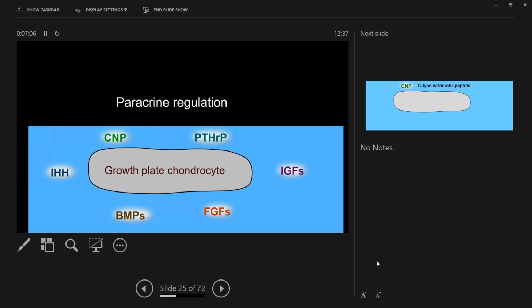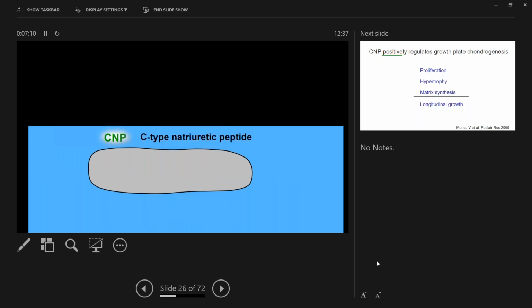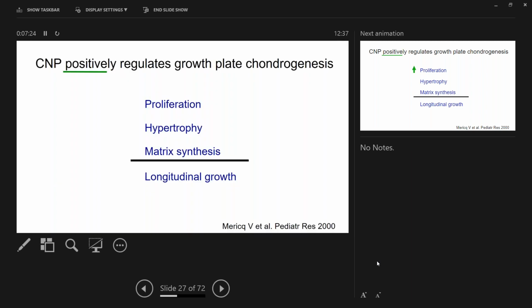So let's start with some paracrine factors. So first, the C-type natriuretic peptide. Despite its unfortunate name, its most important physiologic function is in the growth plate. And in the growth plate, it stimulates proliferation in the proliferative zone, hypertrophy, so the increase in size, and matrix synthesis.